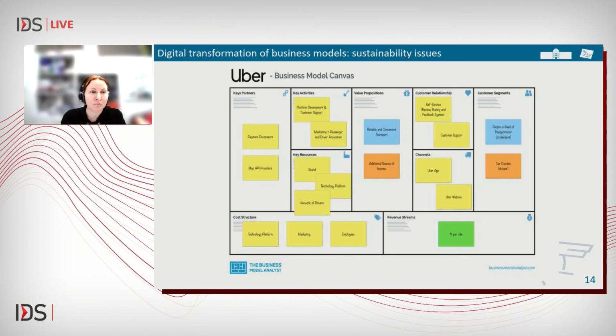Then we have Uber's key activities. We have two key activities here. First is developing and maintaining the app and platform, and the second one is maintaining and improving engagement between drivers and passengers.